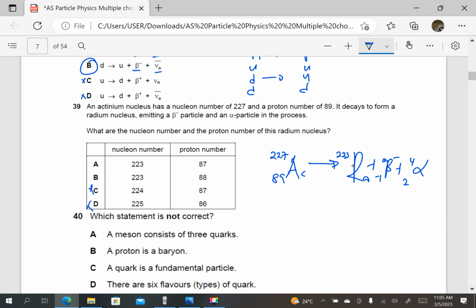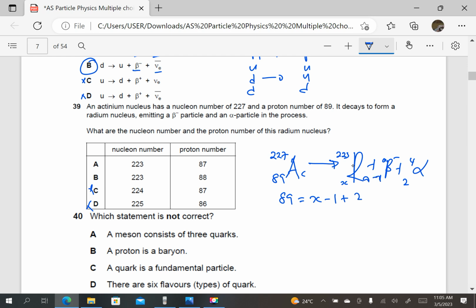Then for proton numbers, we have 89 on the left hand side, and let me call this one X. So 89 should be equal to X minus 1 plus 2, because this is a negative 1.